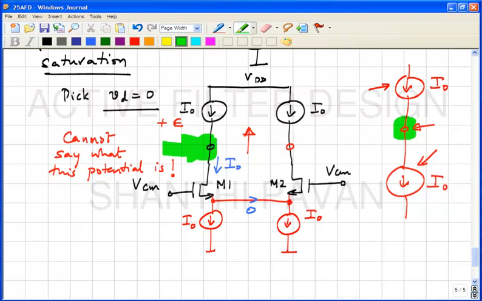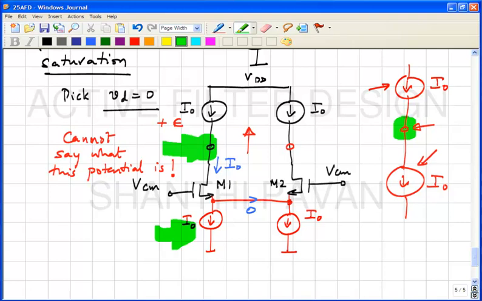On the other hand, if epsilon is negative, in other words, the push up current is smaller than the pull down current, what happens to the potential? It keeps decreasing, and what will happen eventually? M1 will go into triode. After that, this current will go into triode, and bad things happen. Correct?